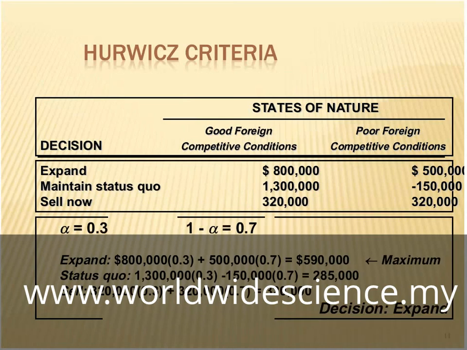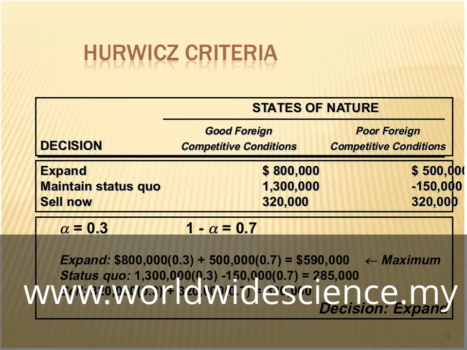Howard, as I told you, Howard allocates a coefficient of optimism. For example, if you are asked to determine the optimism for good foreign competitive condition and poor foreign competitive condition, you can allocate a percent or a coefficient to each of them. For example, you can say 30% is my optimism for good foreign competitive condition, and 70% is my optimism for poor foreign competitive condition.